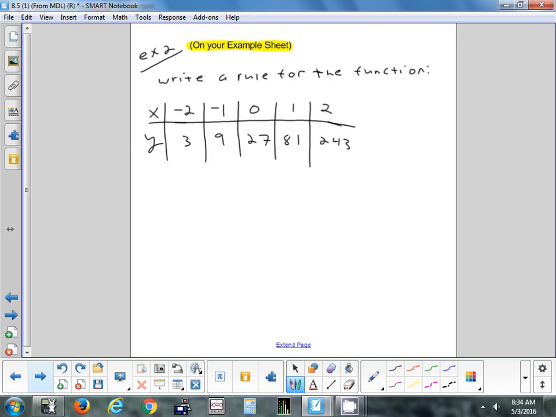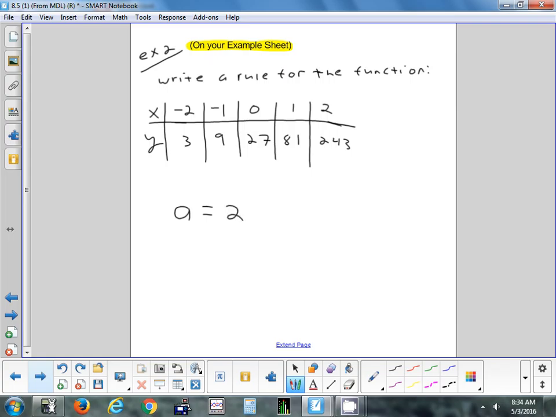All right, let's take a look at this one. First thing you should check in your table: are your x's going up by 1? Yep. If your x's are going up by 1, you can use those 2 tricks. Anybody think they can tell me what a is going to be here? 27?